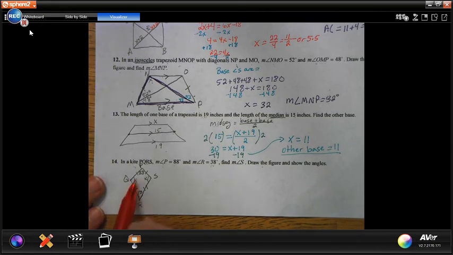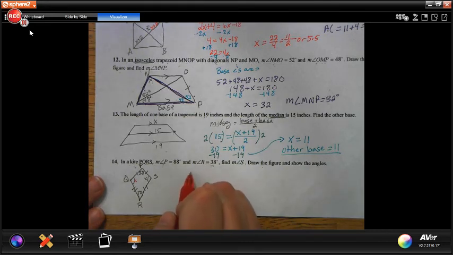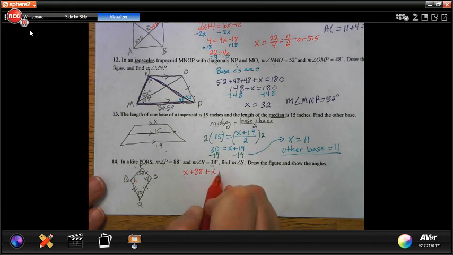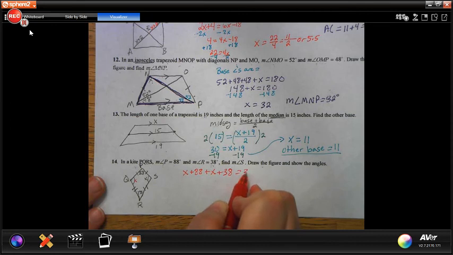Now this is 4 sides. And when we have 4 sides, that means the sum of interior angles is 360. It's like 2 triangles. Remember 2 triangles? 2 times 180 is 360. So I have x plus 88 plus x plus 38 equals 360.